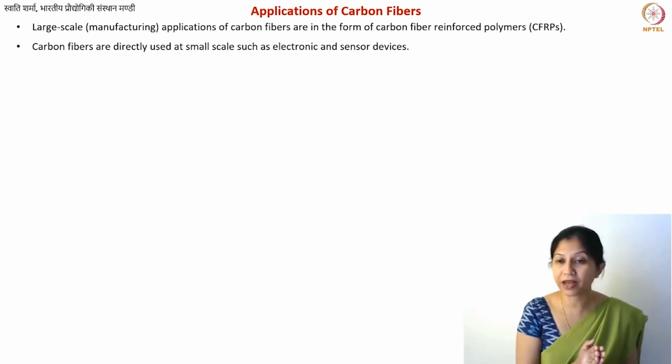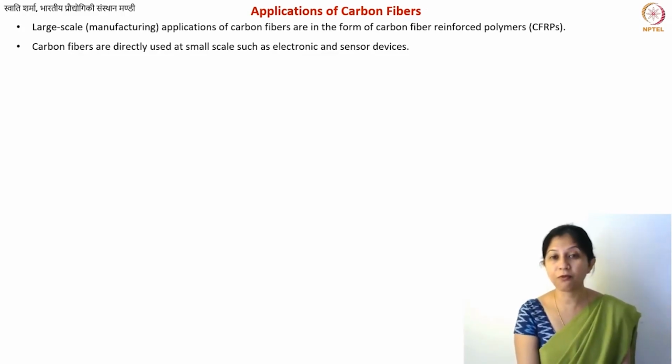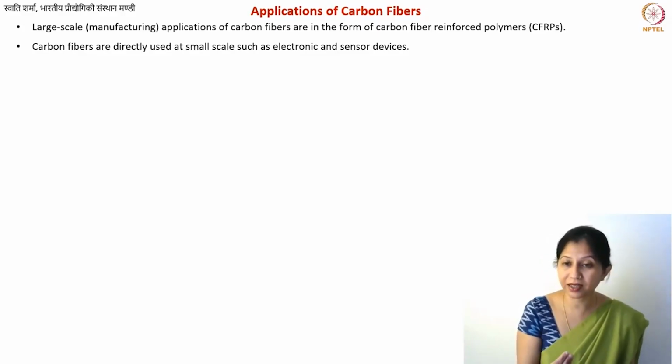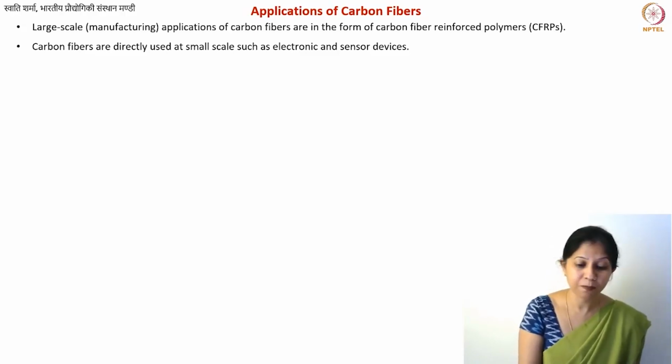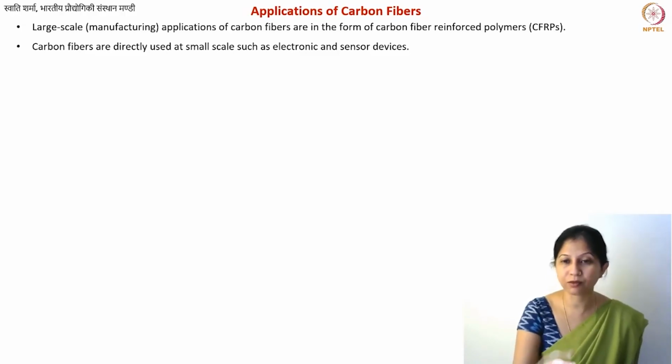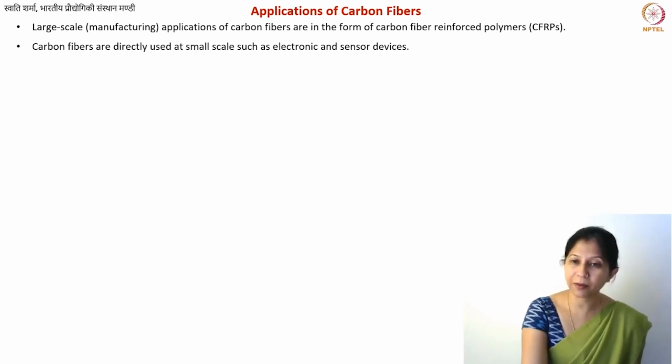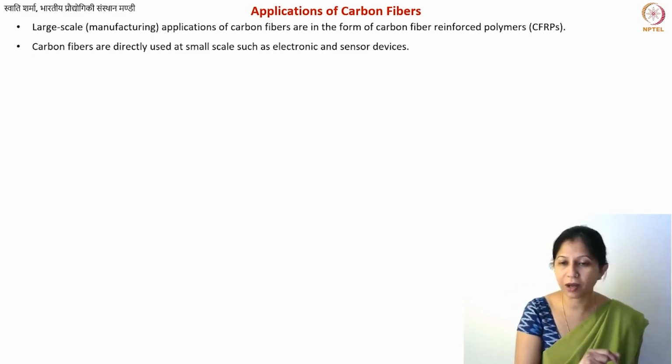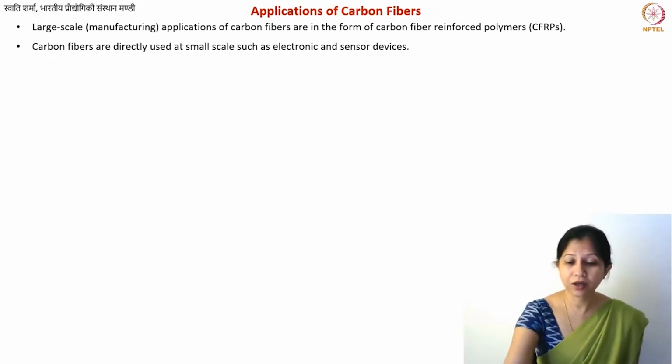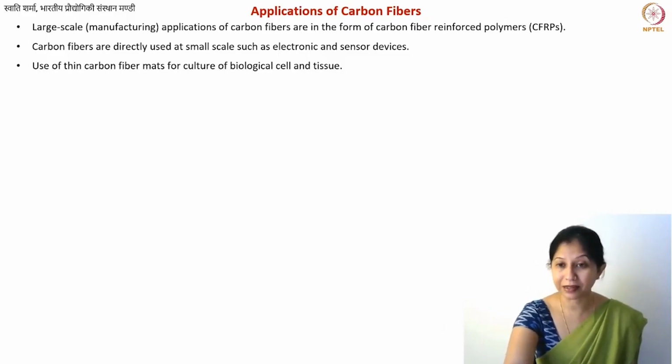But in the case of micro nano device applications, we in most cases directly use the carbon fibers. We don't use them with the resin. And if we are, for example, making a biosensor, I will come to it, you can use the fiber with a little bit of polymer or resin in it, but in that case, that polymer must be biocompatible. Okay, so we will see some examples here.